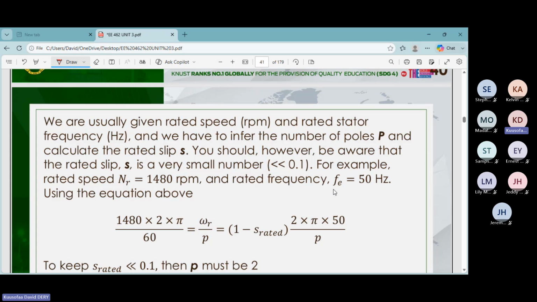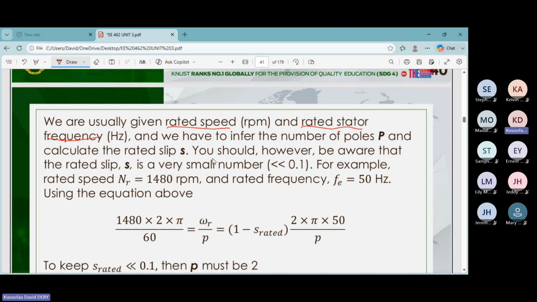These are the parameters that will be given to you, and we have to infer the number of poles and calculate the rated slip. So we are given the rated speed and the stator frequency, and we have to infer the number of poles and use that to calculate what? The slip.